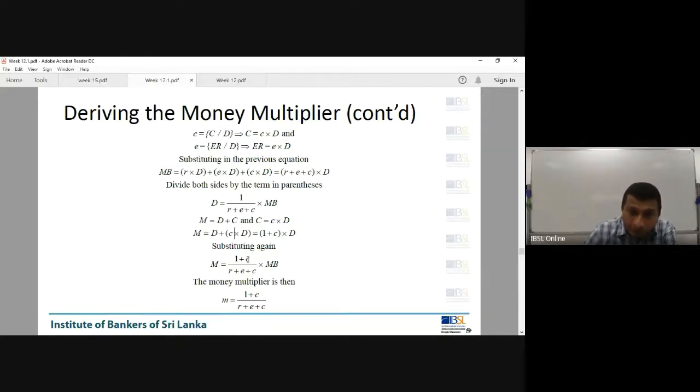Here also you have the c ratio, that's the currency ratio. Currency ratio represents both the numerator and denominator, times monetary base.